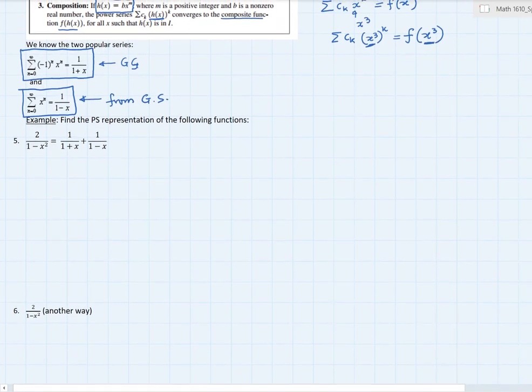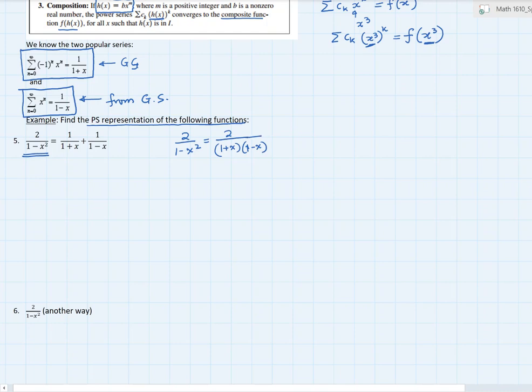So the first question is, find the power series representation of the following functions. Suppose somebody gives us the function 2 over 1 minus x squared. So 2 over 1 minus x squared could be written as 2 over 1 plus x times 1 minus x.